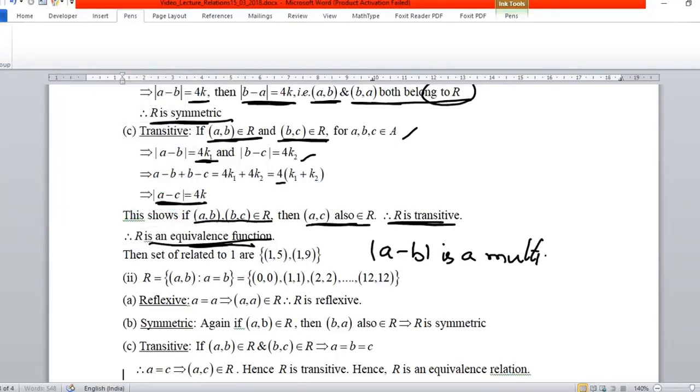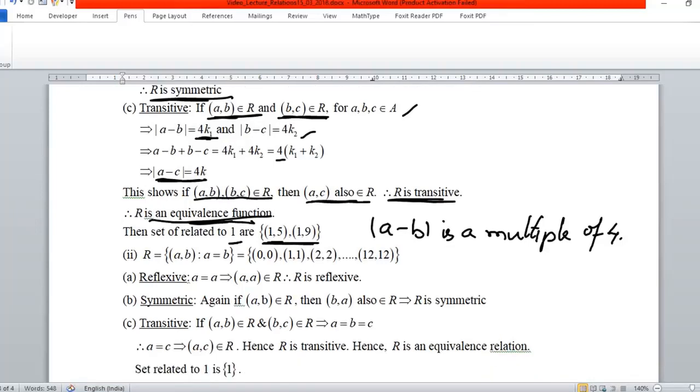In my case, 1 minus 5 is a multiple of 4, so (1, 5) is an element in this relation. Similarly, 1 minus 9 is minus 8, so it is also a multiple of 4. So the elements related to 1 are 5 and 9. That completes my first part.